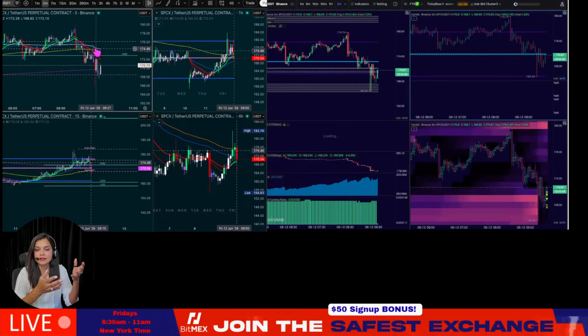It's not the only thing that I look at, but if price is above VWAP, then I know that we are in a buying trend or profile for the day session. If it is below the VWAP, then we could be in a selling trend or profile for the day.